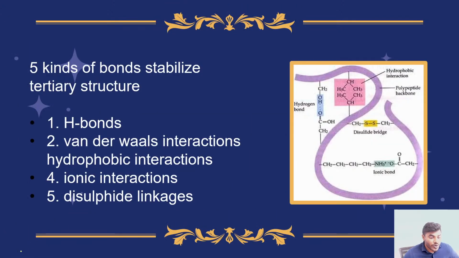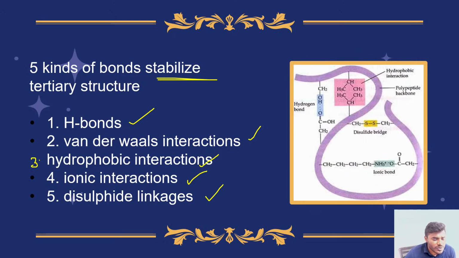Similarly, if you look into the tertiary structure, because here you can get the part B question also, what kinds of interactions are most abundant in stabilizing the tertiary structure? Hydrogen bonds, van der Waals interactions, hydrophobic interactions, ionic interactions, disulfide linkages. I want you to remember compulsorily.